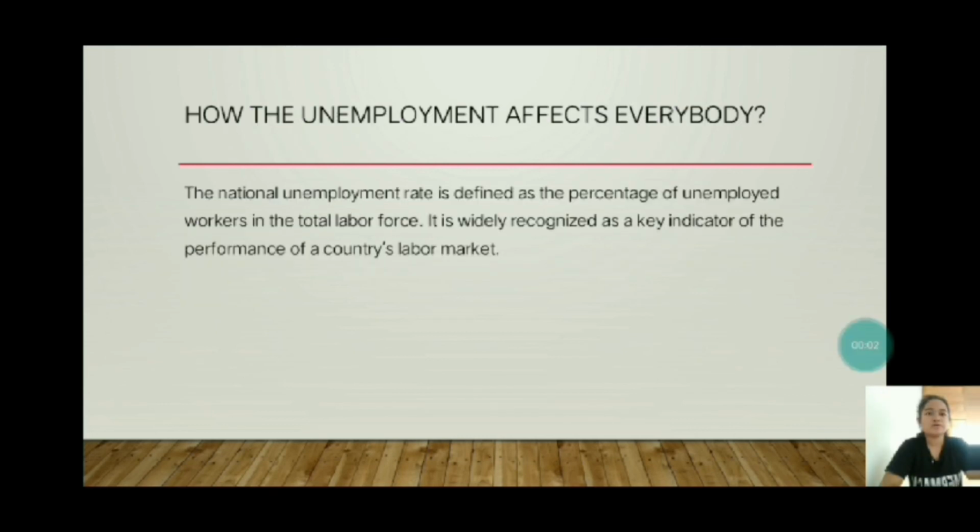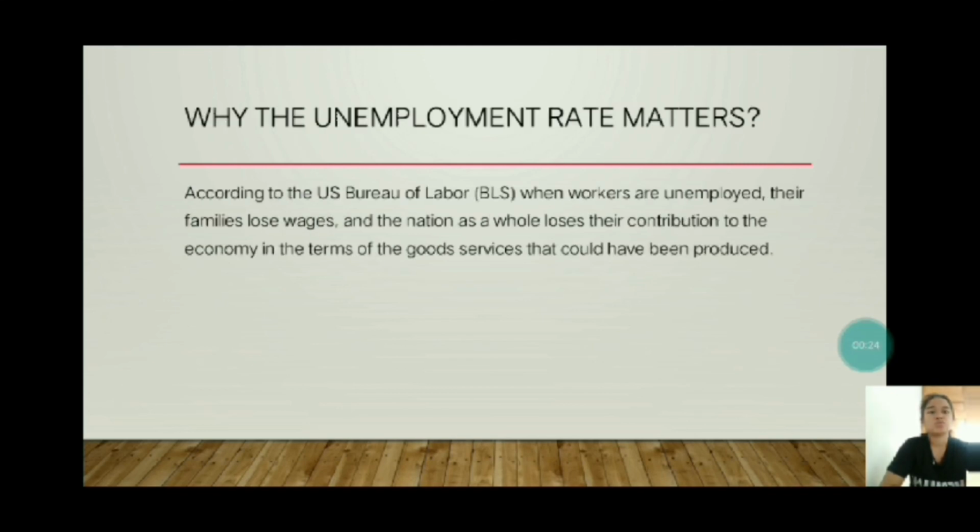So how does unemployment affect everybody? The national unemployment rate is defined as the percentage of unemployed workers in the total labor force. It is widely recognized as a key indicator of the performance of a country's labor market. So why does the unemployment rate matter?